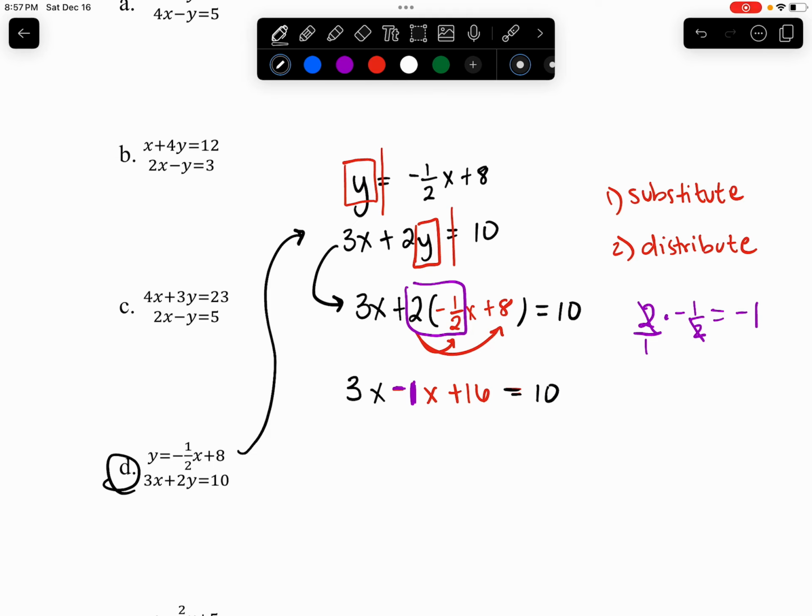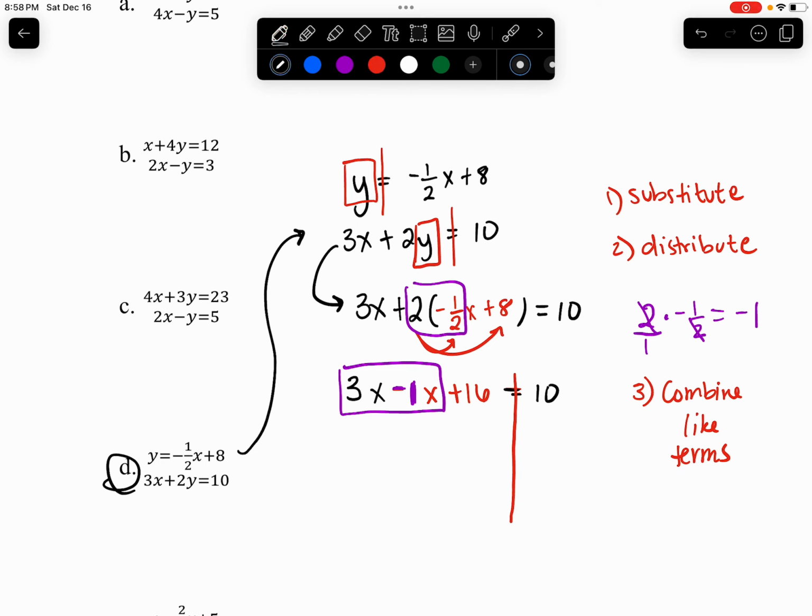Now our third step is combine like terms. Which ones are my like terms? Right here. I can't combine 16 and 10 because there's a barrier at the equal sign.